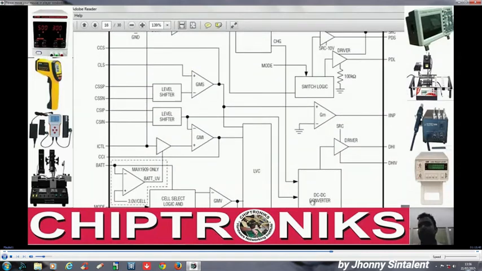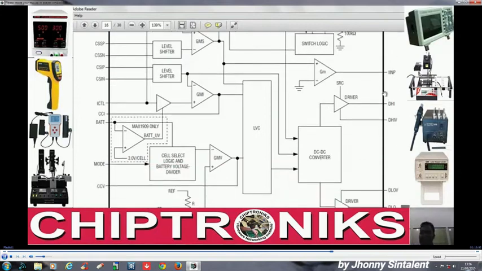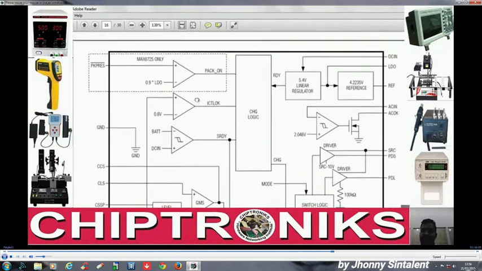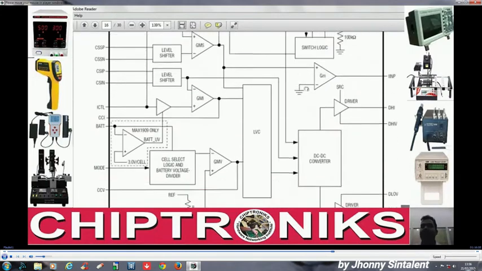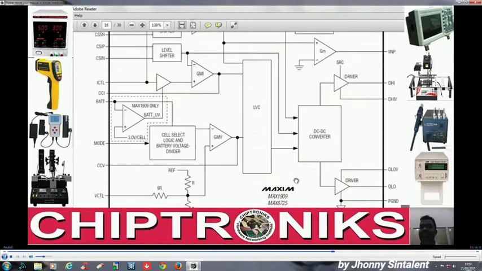Then DHI won't be generated, DLO won't be generated, and so the top gate MOSFET and the bottom gate MOSFET will not operate, and so the charging voltage will not come. Okay, till now I'm clear? You have to see the internal structure of the charger IC to understand each and everything.